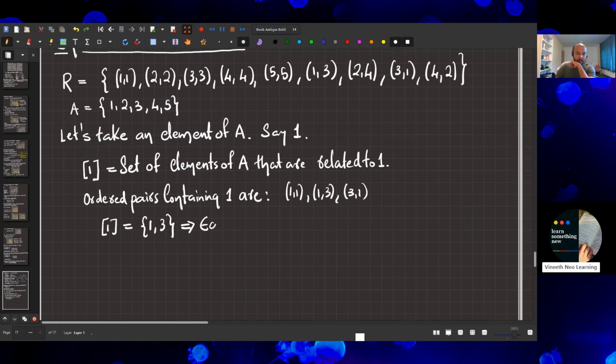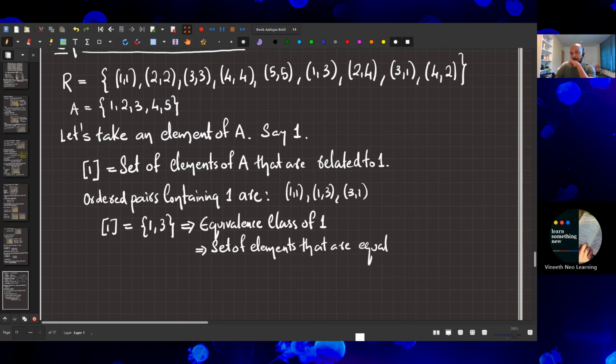The equivalence class of 1 is the set of elements that are equal to 1 in this context.